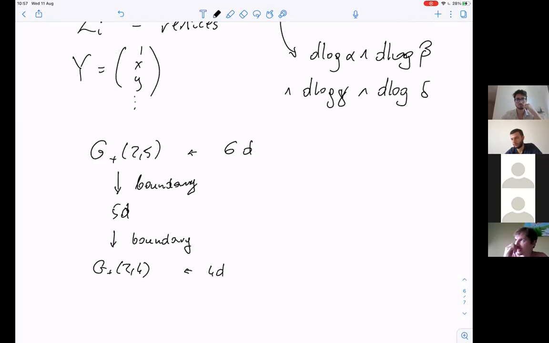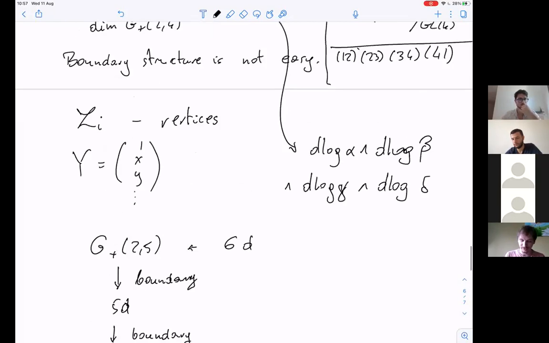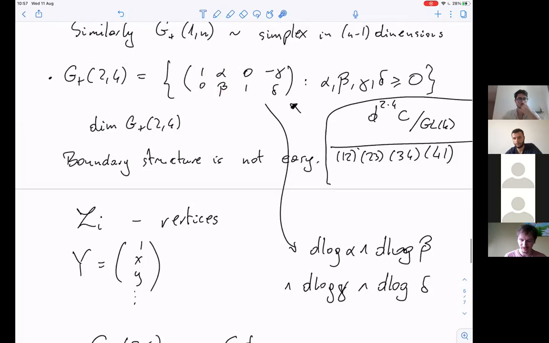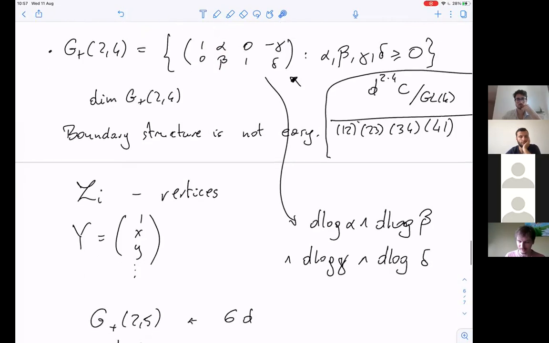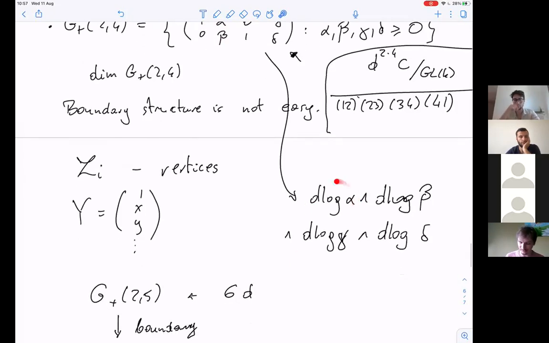Yes. So here, for example, the boundaries are also when alpha goes to 0, which is one of the boundaries of this object, right? And the differential form at this boundary behaves like d alpha over alpha, so there's a logarithmic divergence there.